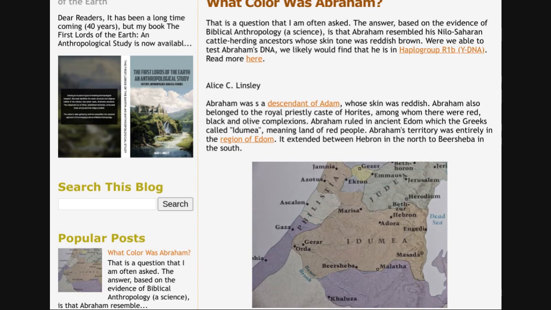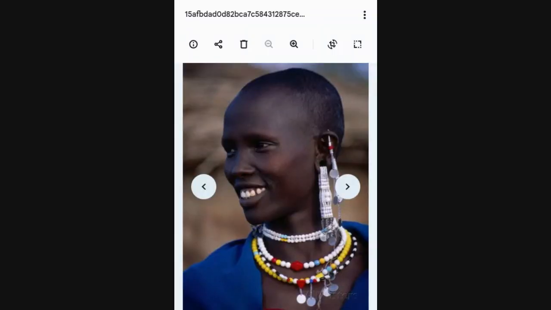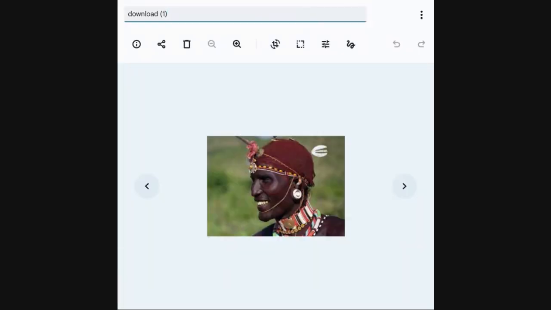But anyways, I'm going to show you some pictures because I didn't show it on the last video. So I did want to come back and show those photos based on her findings, of how he looked back then. So here's this picture here, Nilo Saharan region. Here is another picture, Nilo Saharan.